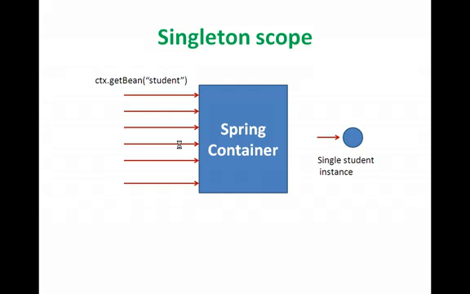What this means is that even though you ask for an instance of a bean using the Spring framework 10 times or 100 times, only one single instance, the same instance, will be returned to you. You can see here that I'm calling 6 times using the context.getBean statement, and only the one single instance which is already created will be returned to the application.